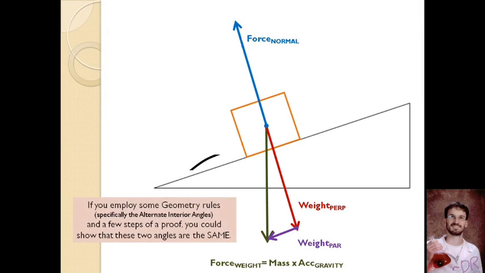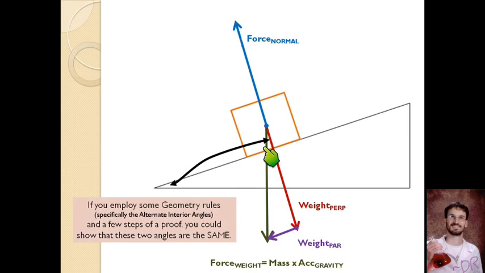We made another triangle. And if you use the rules of geometry, specifically the alternate interior angle rule, you could write a proof that would say that this angle of this right triangle, so we have a 90-degree angle, and we have this angle here, it's usually called theta, is the exact same angle as this angle. And this is the 90-degree other part of it.